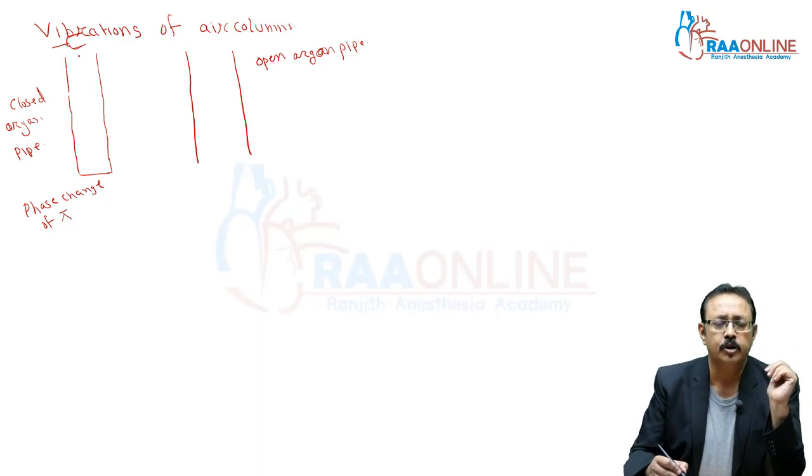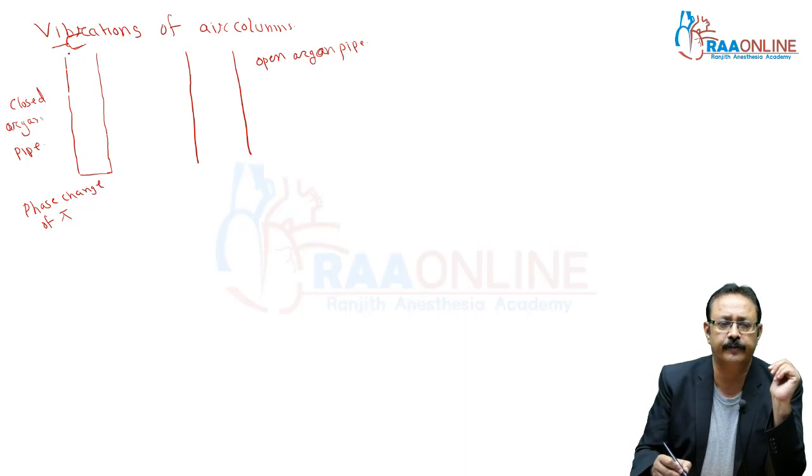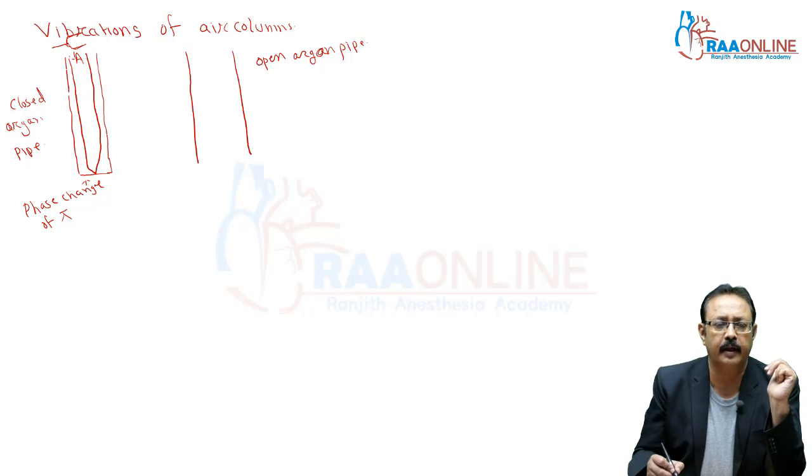After superimposition of these two waves, one going in this direction and one in this direction, you will get one stationary wave. In the primary case, you will get one node at this point and one antinode at this point. Antinode is where particles are free to vibrate, and where they are not free to vibrate we get a node.